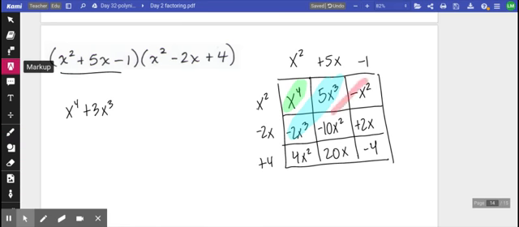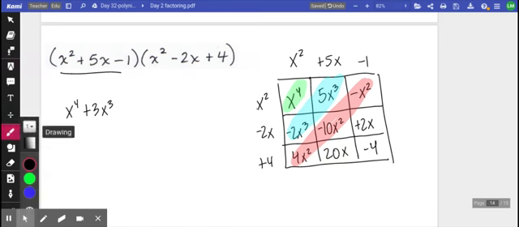Now my next diagonal are all my x squareds, right? So I'm just going to combine these like terms. I have 4x squared minus 10x squared minus 1x squared. So 4 minus 10 is negative 6, minus 1, negative 7 x squareds.